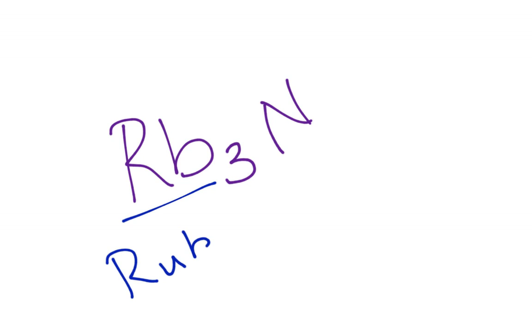If they gave me the chemical formula and I was looking for the name, so let's say I had Rb3N, then I would just write down the name of the metal. So this would be my metal, and I'd say rubidium. Then I would write down the charge of that metal.